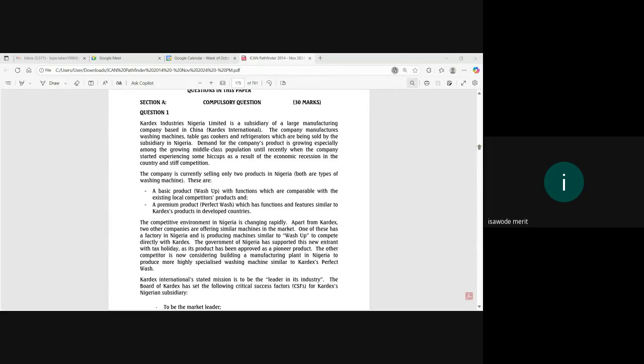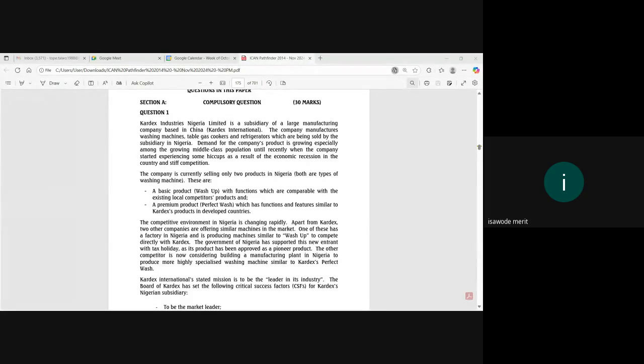Demand for the company's products is growing, especially among the growing middle class population, until recently, when the company started experiencing some hiccups as a result of the economic recession in the country and stiff competition. The company is currently selling only 2 products in Nigeria. Both are types of washing machine.